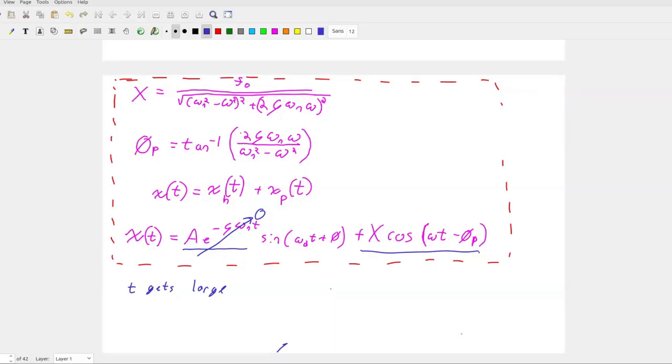So as t gets large, A e to the negative zeta omega n t sine of omega d t plus phi, the first part, that becomes your transient response.